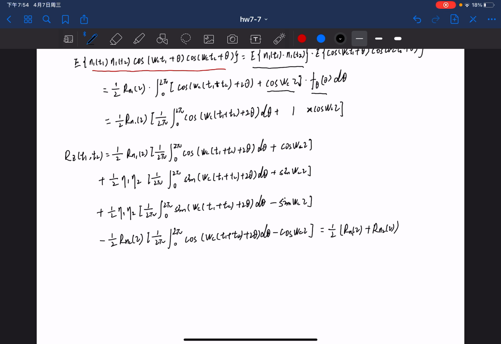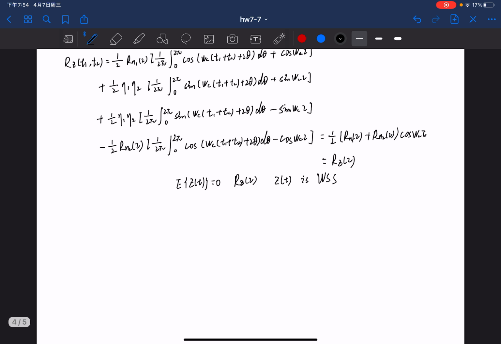And it is obvious that it is equal to R_z(tau). And because the expectation of z(t) is equal to 0, and the correlation of this is R_z(tau), it is obvious that z(t) is WSS, and this is the B question.